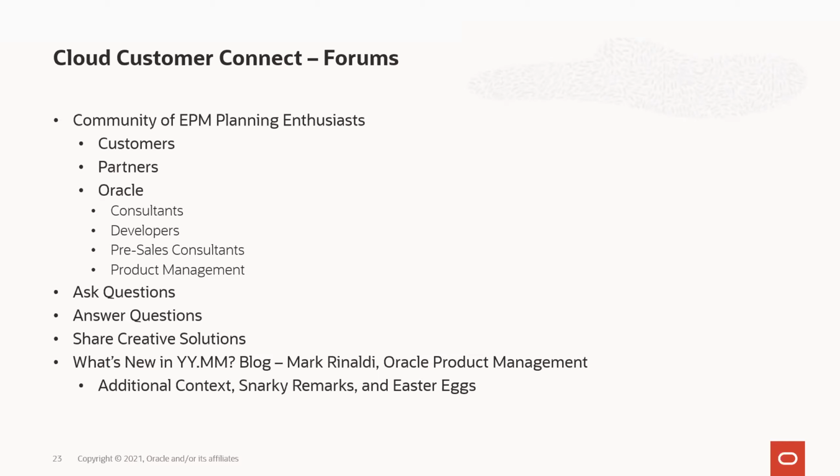But I'll also try to add some additional context about why this is good, or hey, this is something that's been asked for in the past and this is the use case for it. So I really encourage you to follow that blog, if you will, that posting that I put on Customer Connect. Again, every month I typically put it out. So it's what's new in 21.11 or what have you.